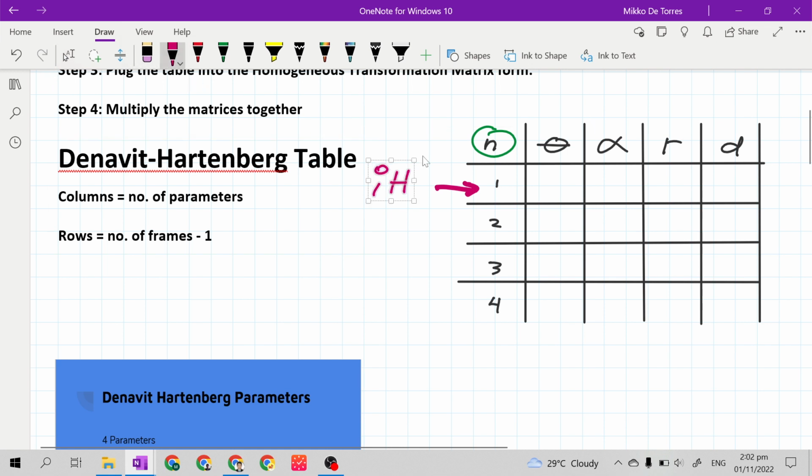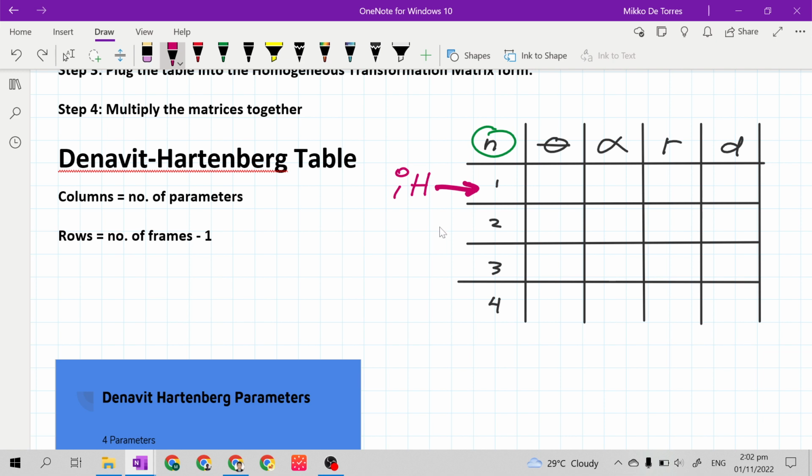The proper way to read this is the homogeneous transformation matrix of frame 1 in reference to frame 0.